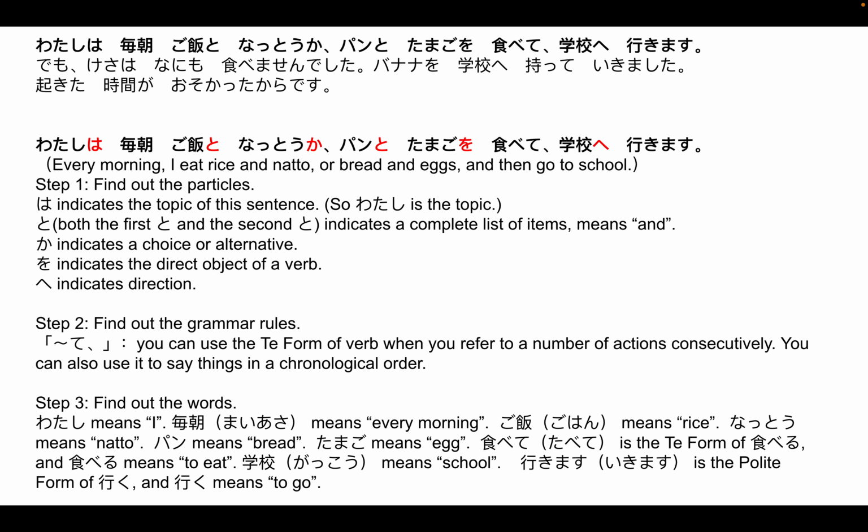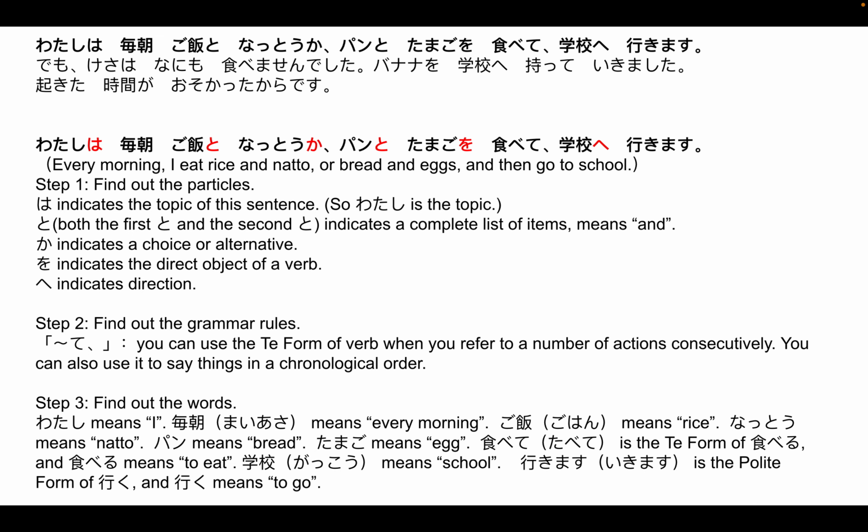Wo indicates the direct object of a verb. He indicates direction. Let's see the grammar rules. 卵を食べて学校へ行きます。て You can use the te form of verb when you refer to a number of actions consecutively. You can also use it to say things in chronological order.